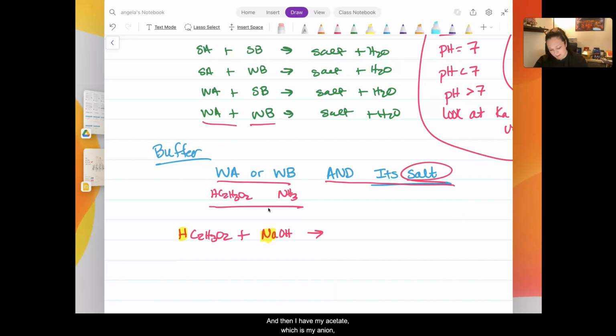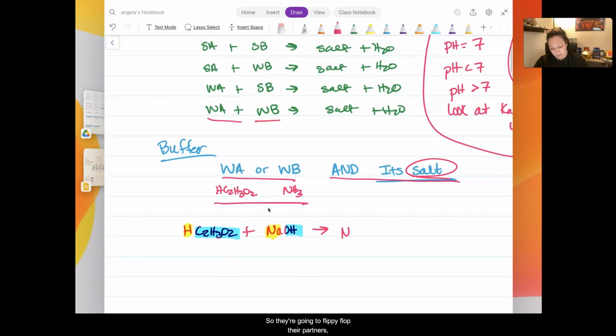And then I have my acetate, which is my anion, and my OH-, which is my anion. So they're going to flip-flop their partners, and I'm going to end up with NaC2H3O2, that's my salt, plus H2O. An acid plus a base gives me salt plus water.